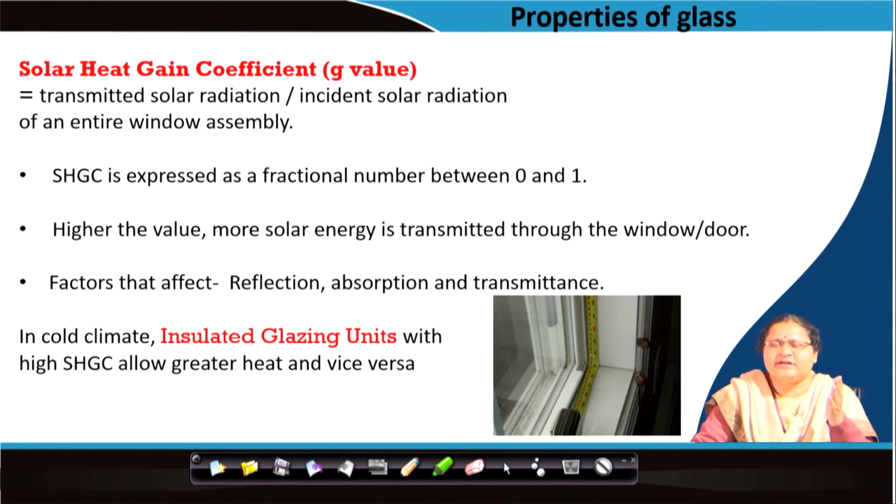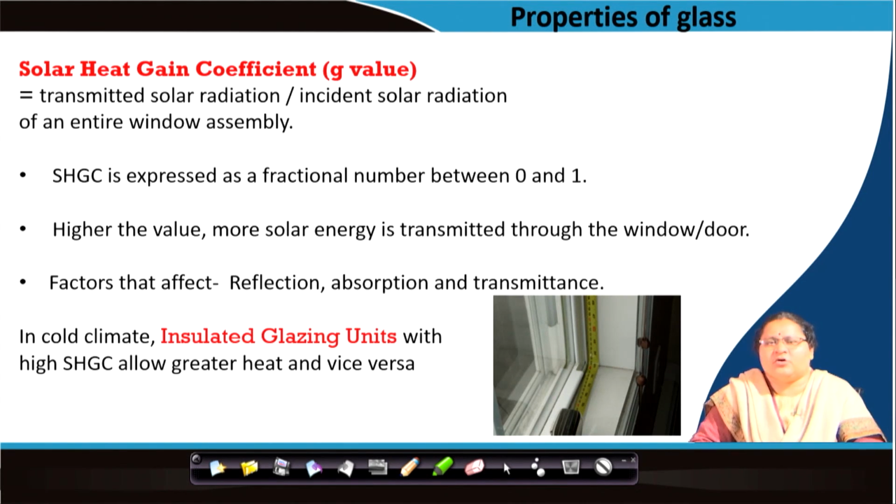Reflection, absorption and transmission, these three factors affect the solar heat gain coefficient. In cold countries, one looks for a higher G value. For hot areas, we want to cut it down, so most of it should go out. Transmitted solar energy should be lower than the incident solar energy.